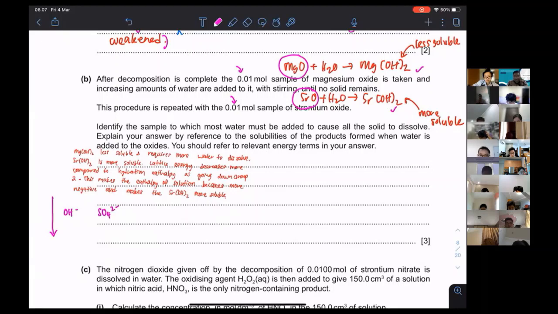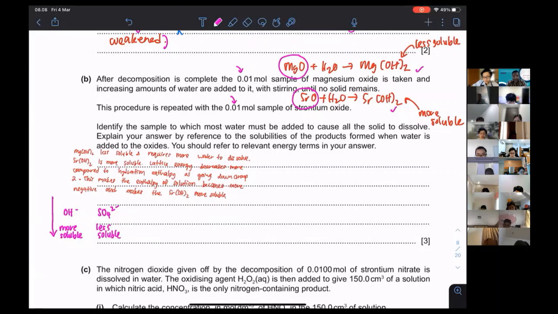Group 2 hydroxides become more soluble going down the group. Group 2 sulfates, and I told you to remember barium sulfate is a white precipitate, become less soluble.